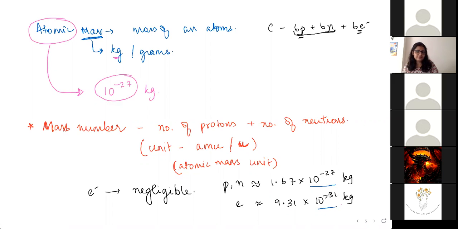Comparing 10 power minus 27 with 10 power minus 31 is like comparing a 10 kg thing versus something that is 1 gram. That's the kind of difference. To give you an idea, have you seen rice bags?